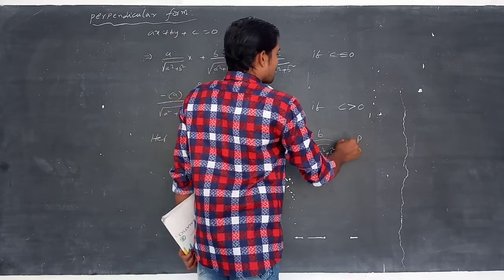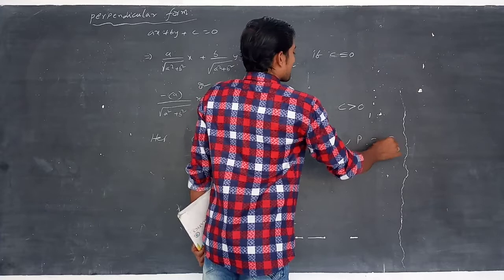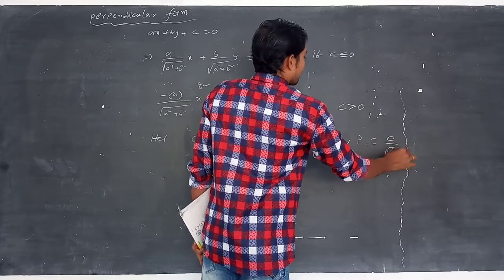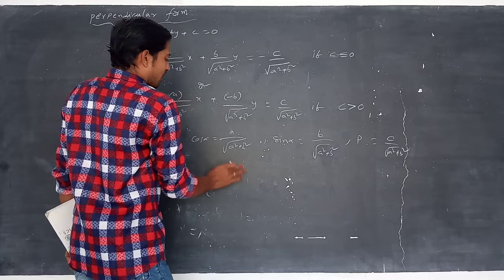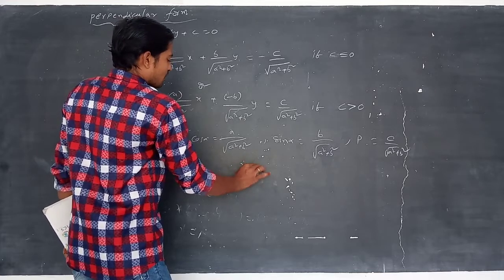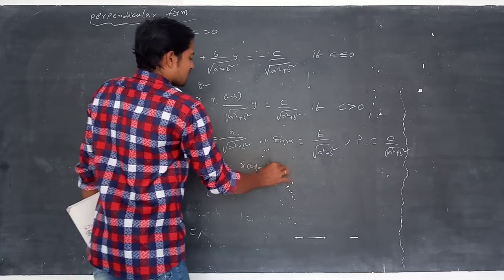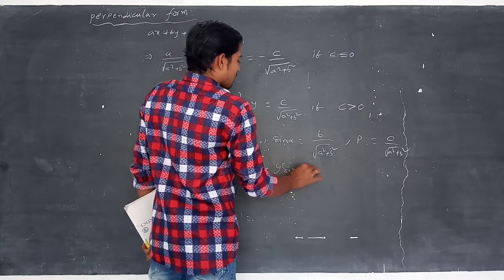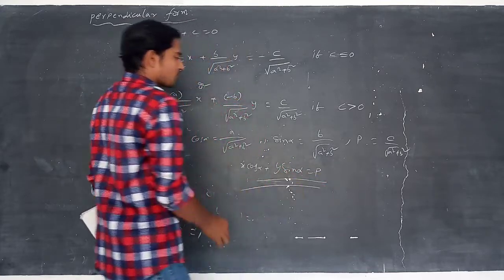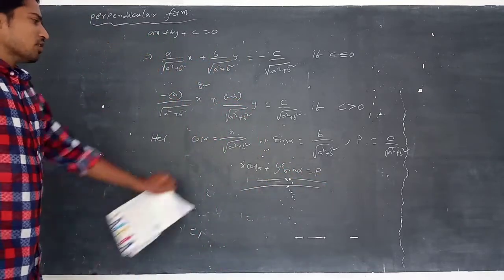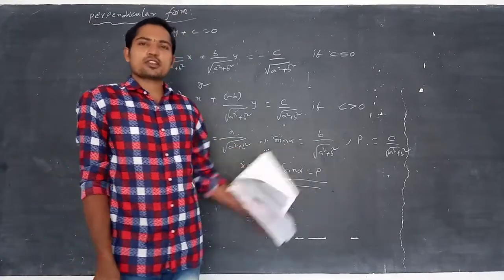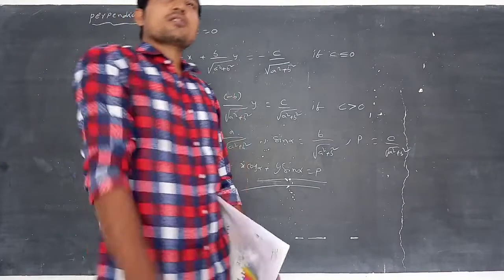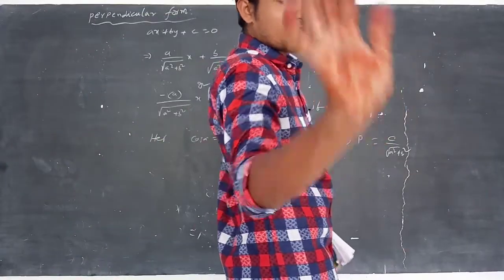What about p? p equal to c by square root of a square plus b square. This is the perpendicular form of a line, x cos alpha plus y sin alpha equal to p, where cos alpha is equal to a by square root of a square plus b square, sin alpha equal to b by square root of a square plus b square, and p equal to c by square root of a square plus b square.